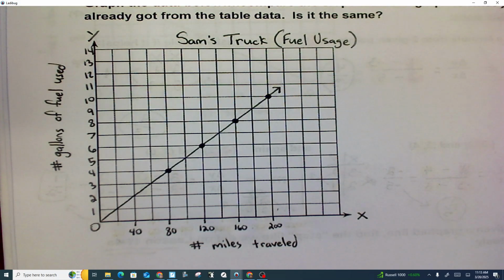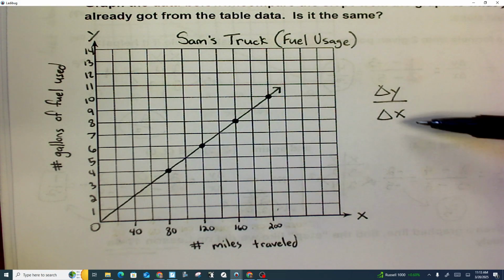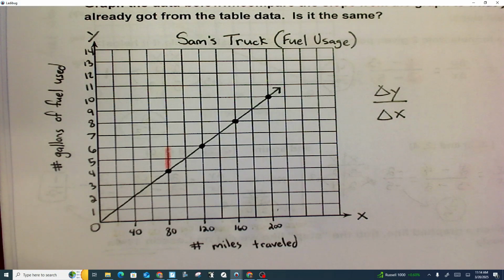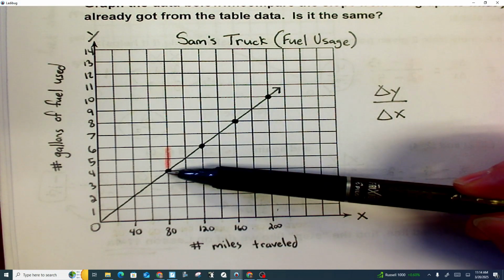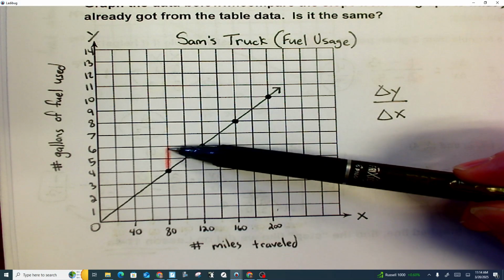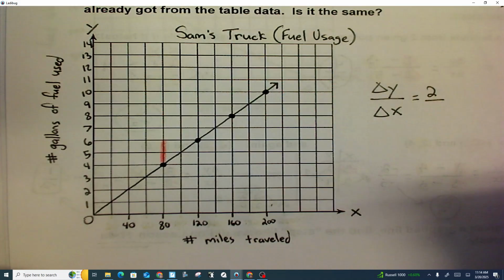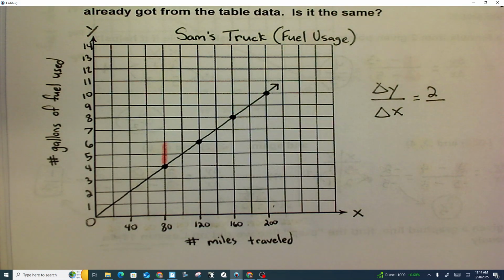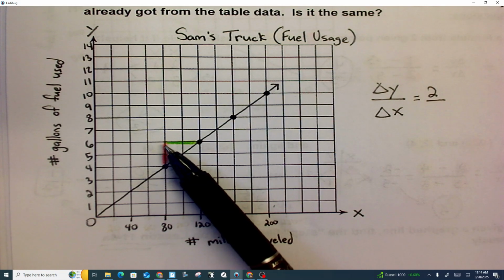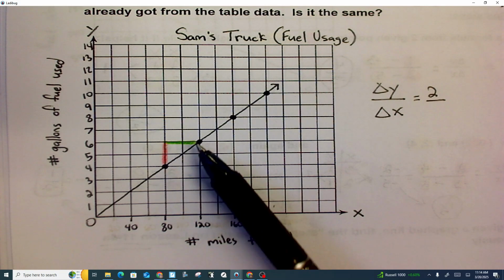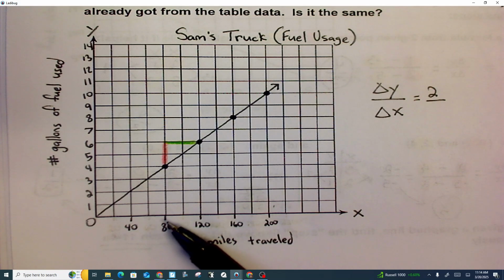And now choose any 2 points that you want and find your change of y over your change of x. Well, to go from this point to this point, we're going to have to go up 2, from 4 to 6. So our change of y is 2. And then to go from here over, it's 2 square lengths, but what does that mean on the x-axis?